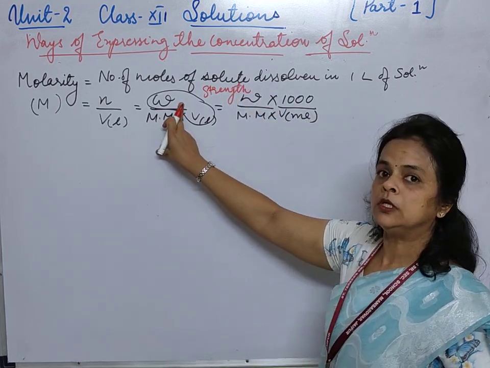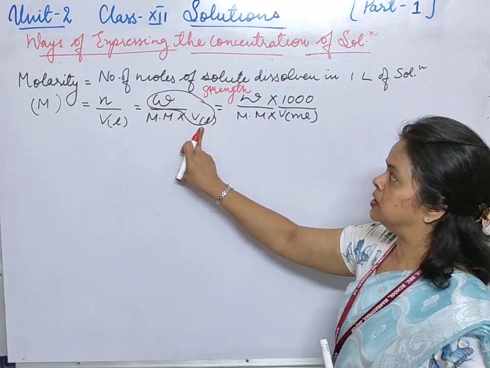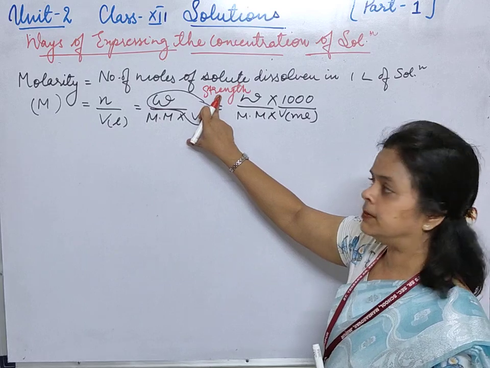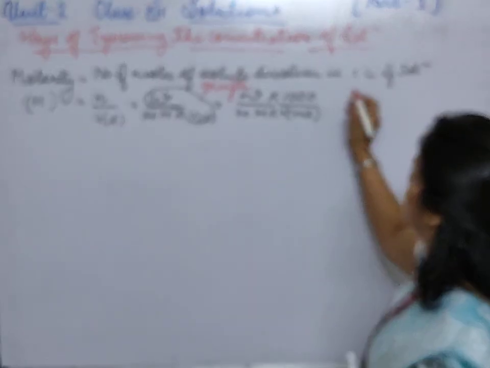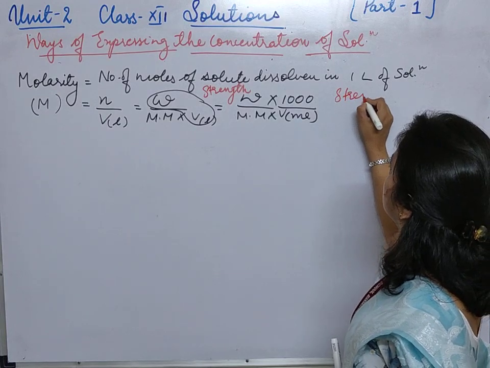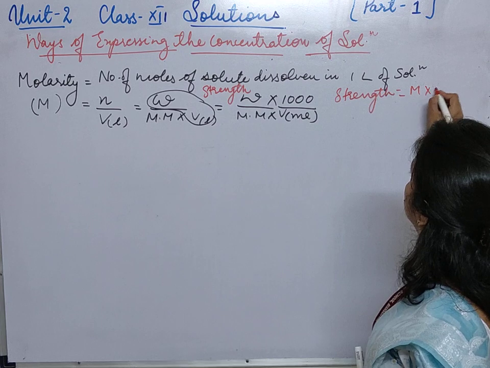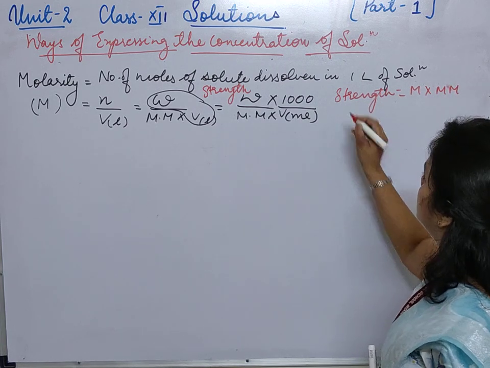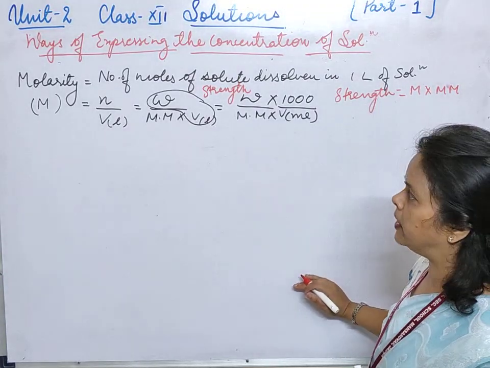The amount of solute present in the given volume of the solution is termed its strength. So the formula of strength becomes equal to M into molar mass. I should write it here. Strength is equal to M into molar mass. This we will be utilizing later on when we discuss normality.